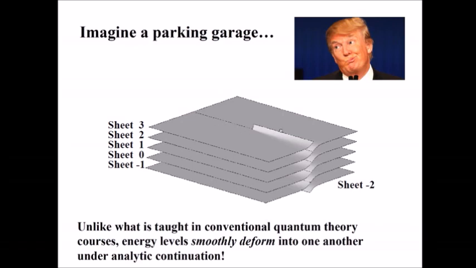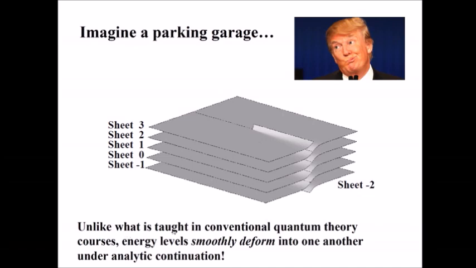If you cut this parking garage along this real axis, you say, oh, look at all these discrete energy levels. But they are not discrete. If you look in the complex plane, they're nice and smooth, and you can go around and around smoothly from one energy level to another.